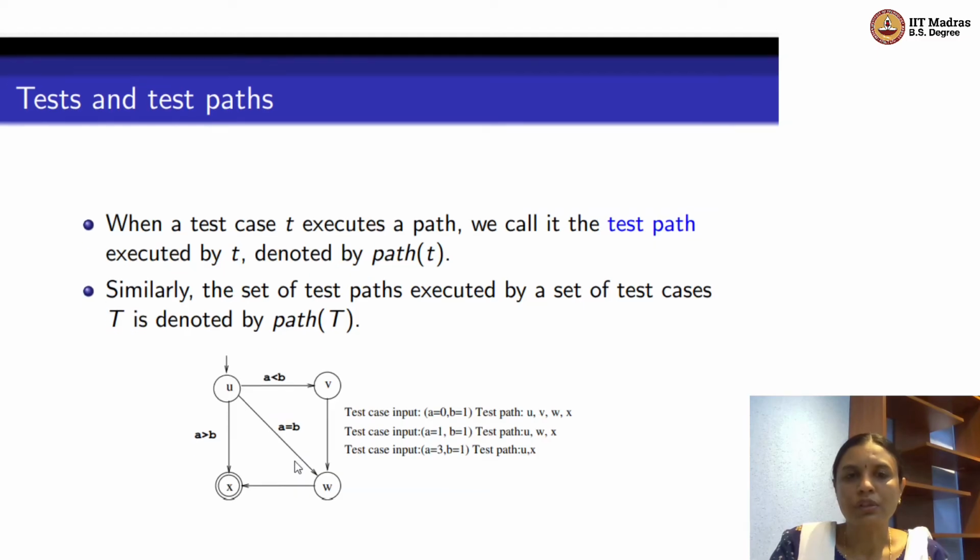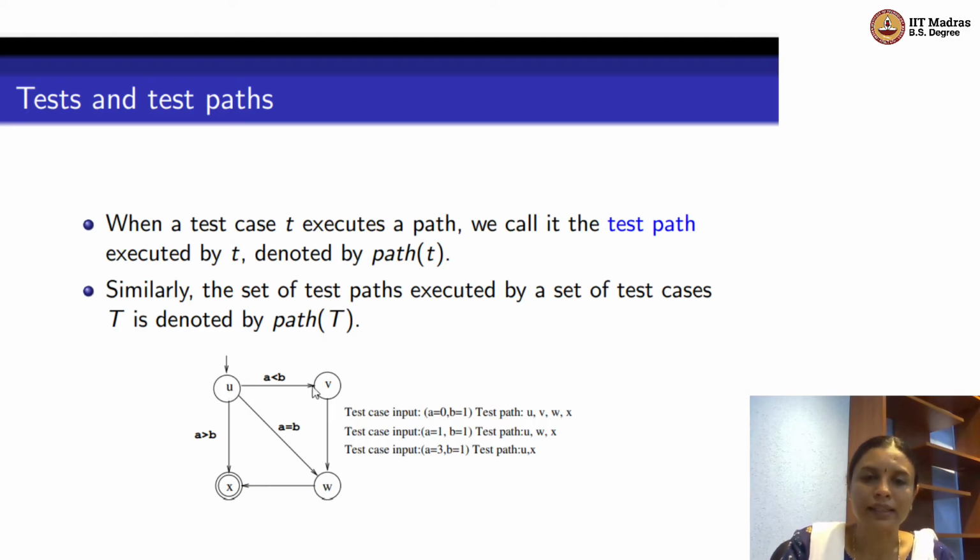The last notion: when a test case T that we give executes a test path, we call the test path executed by T the path of T. This is another fictitious example. Let us say you have a graph that looks like this, and node U represents some kind of branching.